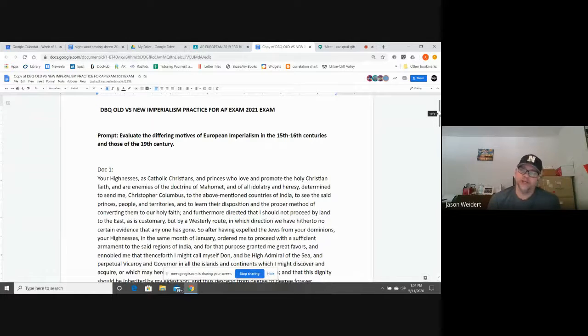Now, notice how they don't tell you exploration. They're going to throw 15th, 16th century in there, try to throw you off from the get-go. That is exploration. So that's Columbus and all those guys. The documents should be able to help you out with that as well. You should be able to figure that out as you start to go through the documents.